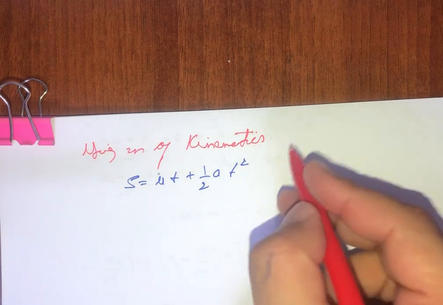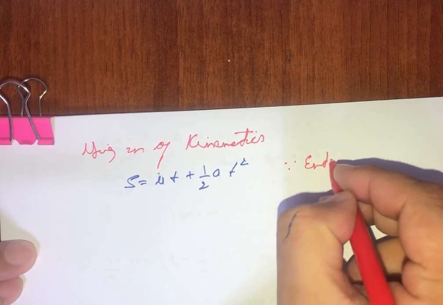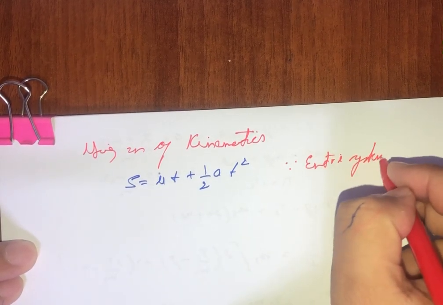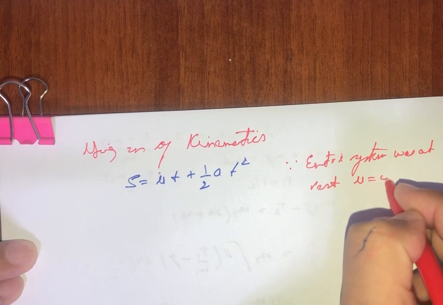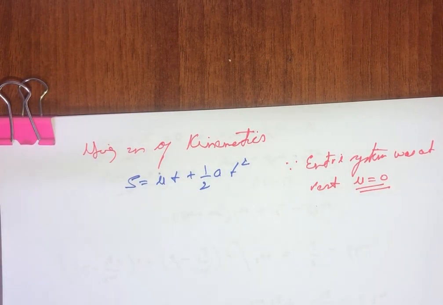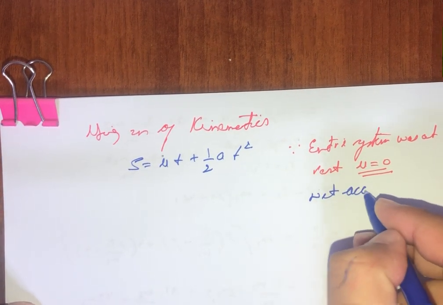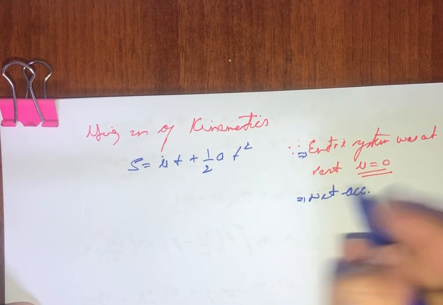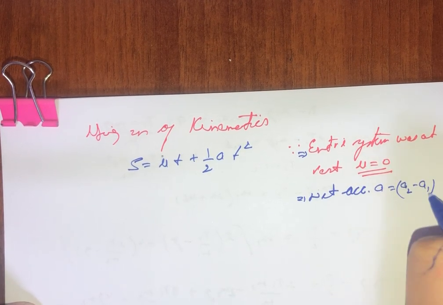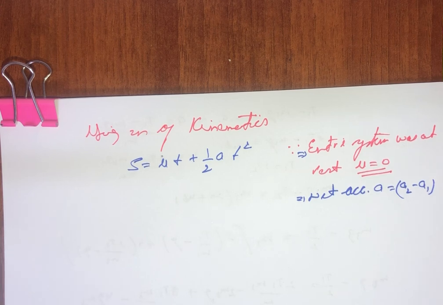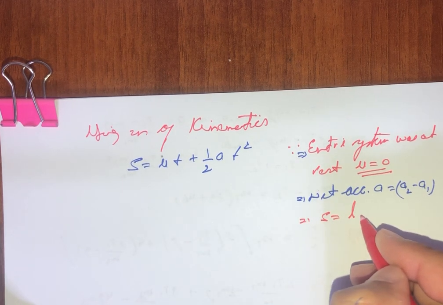As the entire system was at rest initially, u will be equal to 0, and the net acceleration a will be equal to a2 minus a1, and finally the distance traveled s will be nothing but the length of the rod.